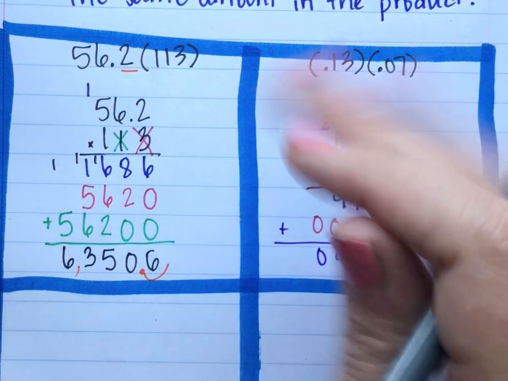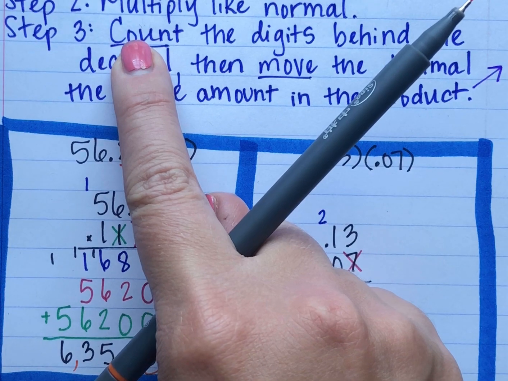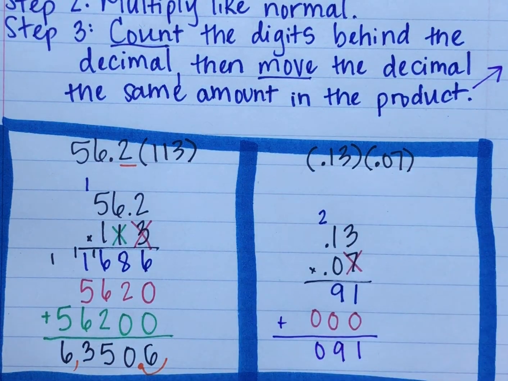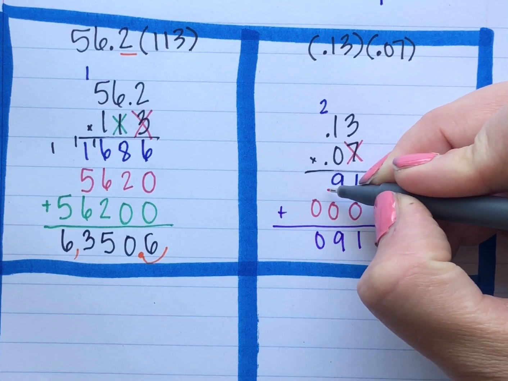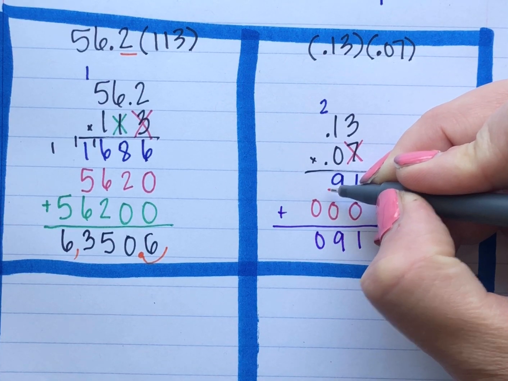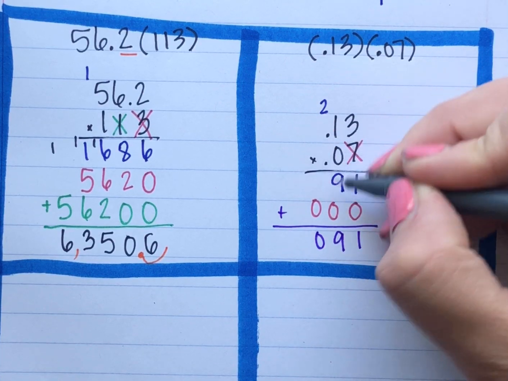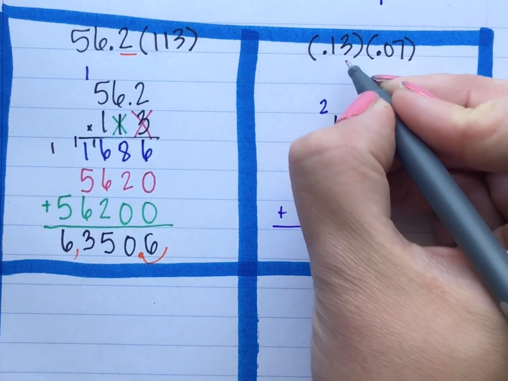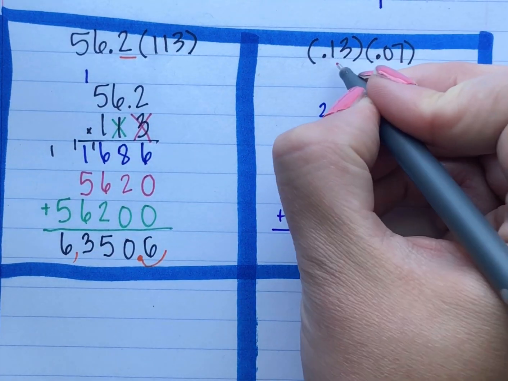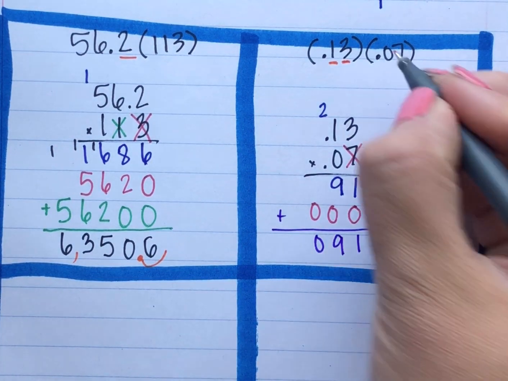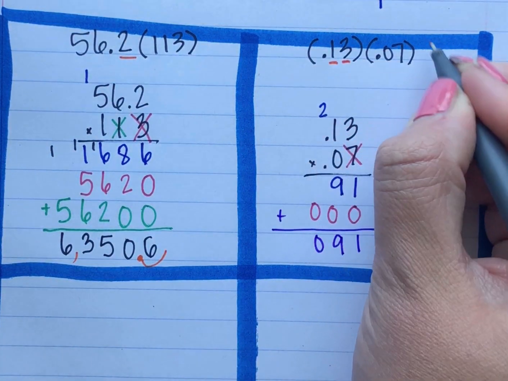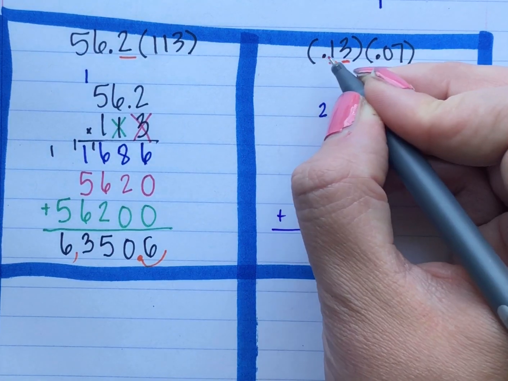It says to count the digits behind the decimal, then move. So a lot of people would just bring this decimal down and put it right here because that's what we do with add and subtract, right? That's not correct. If we're counting the digits, there's 1, there's 2, we're counting the digits in the whole problem, not just one of the numbers.